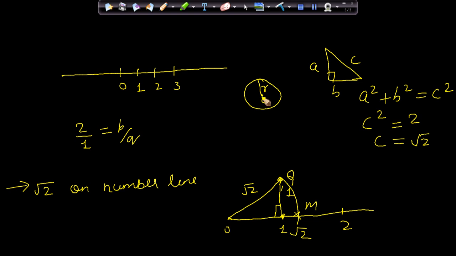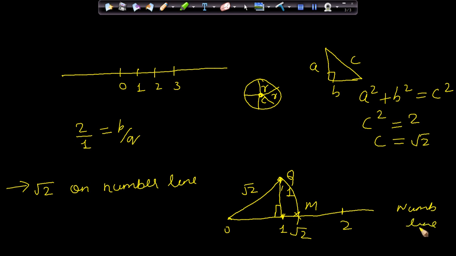That distance is called r. So if you take any point on the circle, it will be at a distance r. So this is the property of the circle that we are using, that we draw an arc and root 2 comes on this number line. Okay, this is our number line.